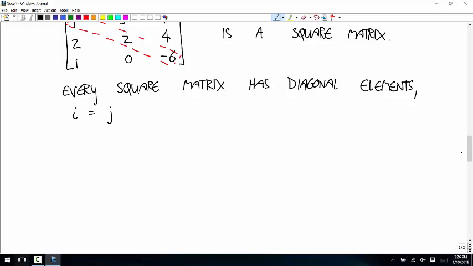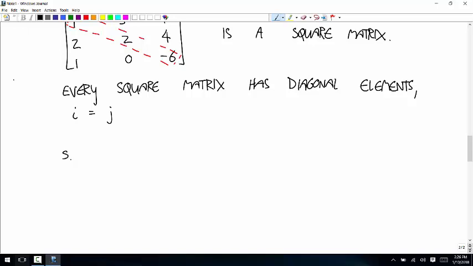So we're going to deal with square matrices. We're basically dealing with two types of matrices, either what are called column matrices, those are the 3x1 and the 6x1, or else square matrices. We're not going to really use any other kind.